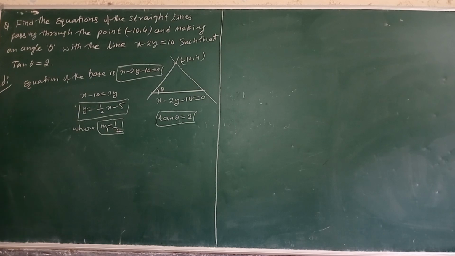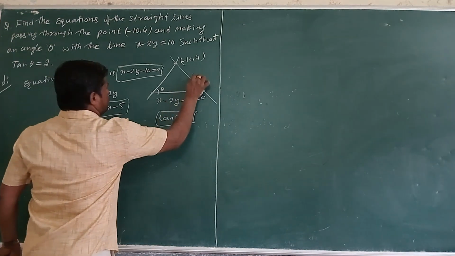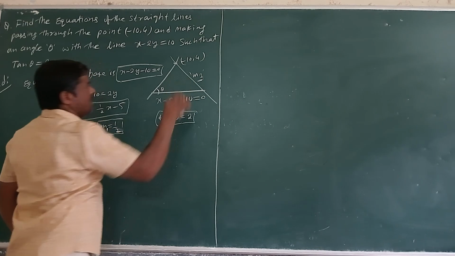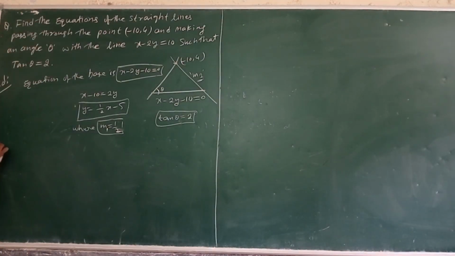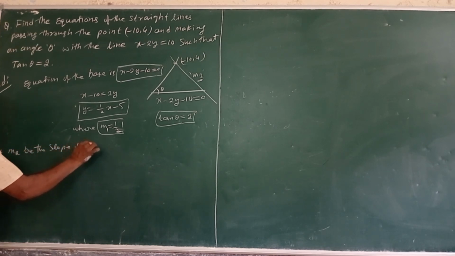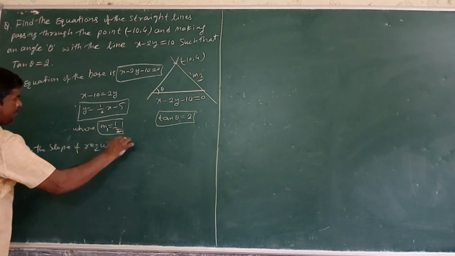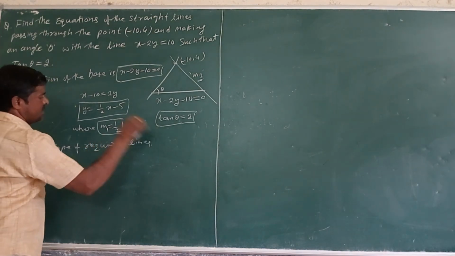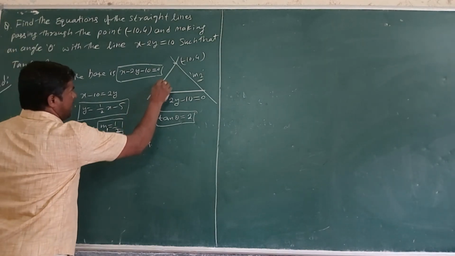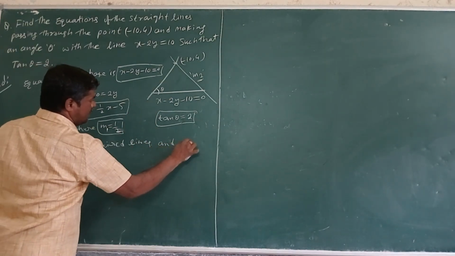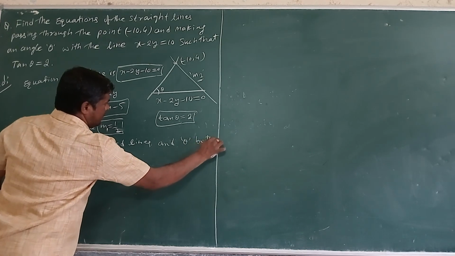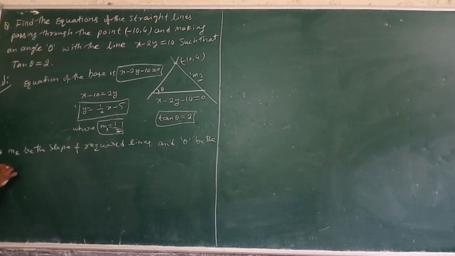Let m1 be the slope of the base, and let m2 be the slope of the required lines, and theta be the angle between the lines.